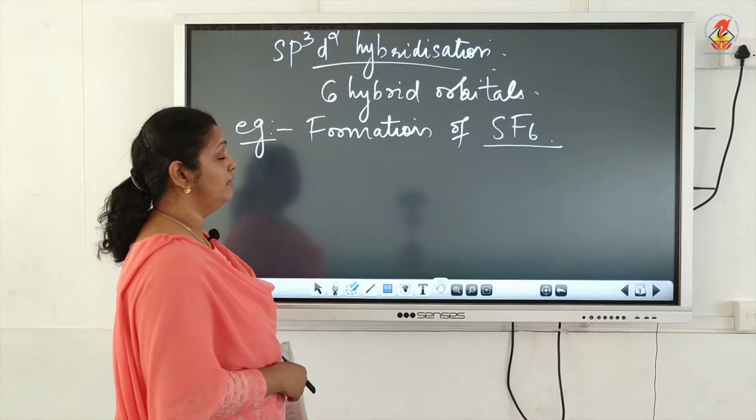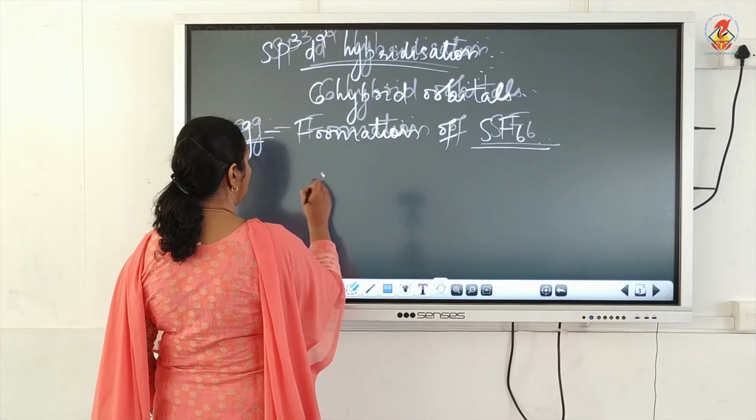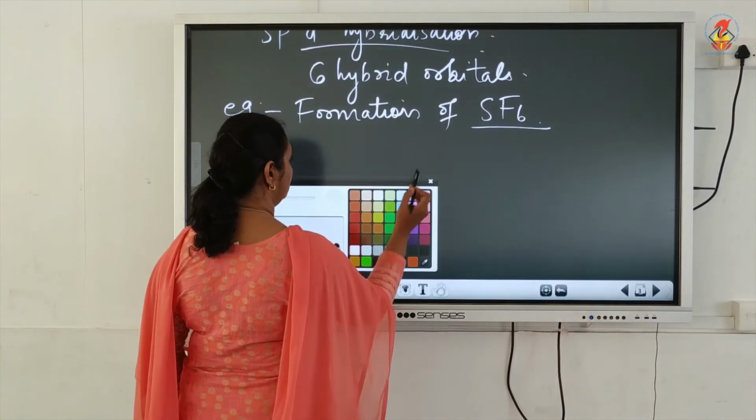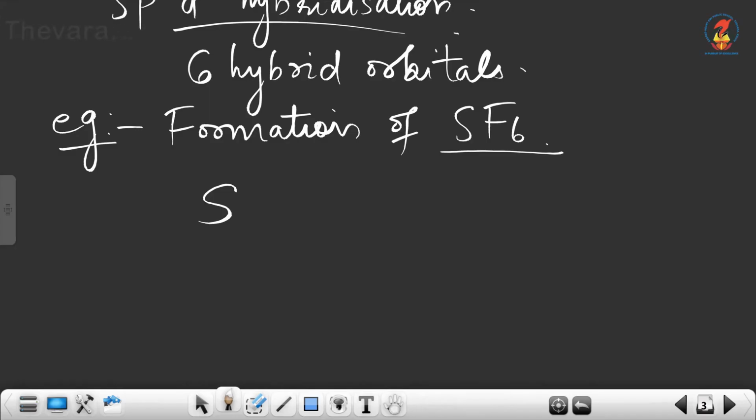The central atom is sulfur. So sulfur, the central atom, its atomic number is 16, and we need its electronic configuration. Now, this sulfur comes under oxygen, meaning it is in group 16, and we know oxygen has 6 valence electrons.